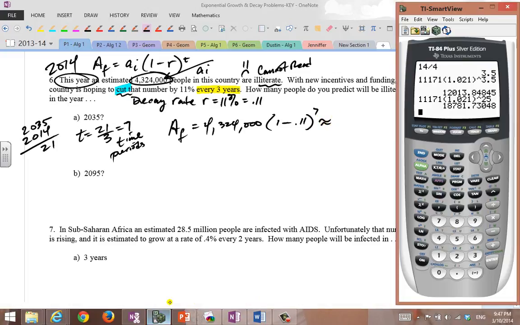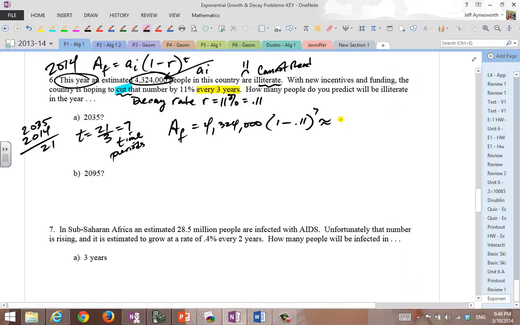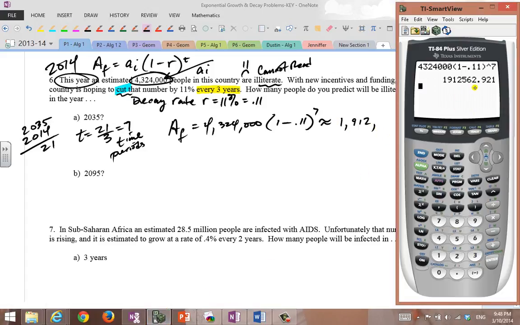So let's figure this out. Clear it out, new problem. So 4,324,000 times 1 minus 0.11 raised to the 7th power. And right there, that's 1,912,562.9.